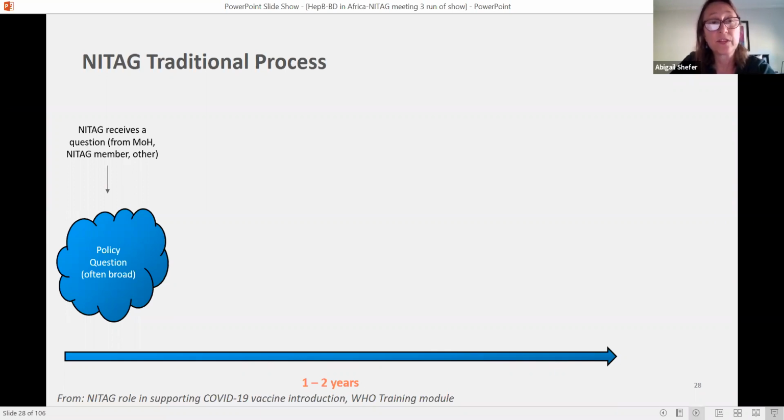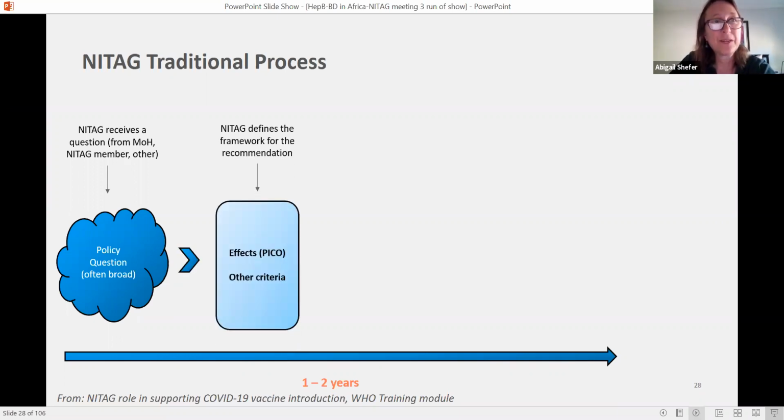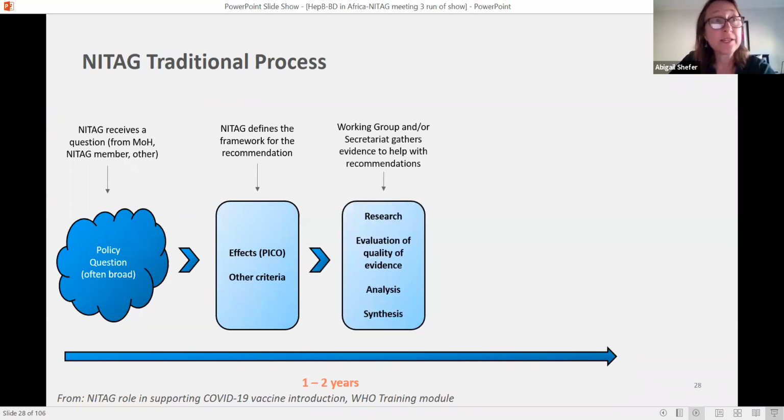And this policy question is then refined and focused using the PICO technique, population, intervention, comparison, outcome, to define the framework and criteria that are going to be evaluated. Then the Secretariat supports a working group or a designated part of the NITAG, if the NITAG doesn't have working groups, to gather the evidence and analyze the findings.